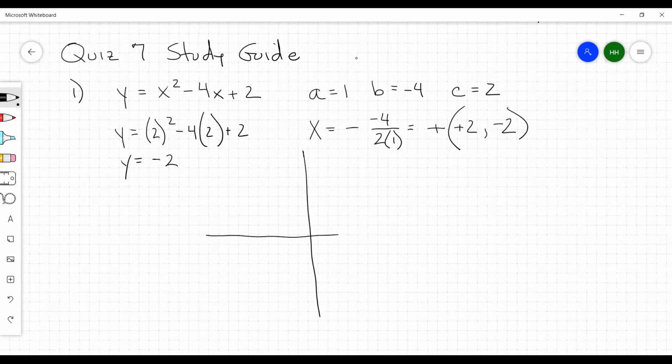You're going to have a vertex at positive 2, negative 2. So 2, negative 2 right here. It's got an A value of 1, so it's going to be your standard parent graph, and that looks very similar to this. So there's the graph of number 1.